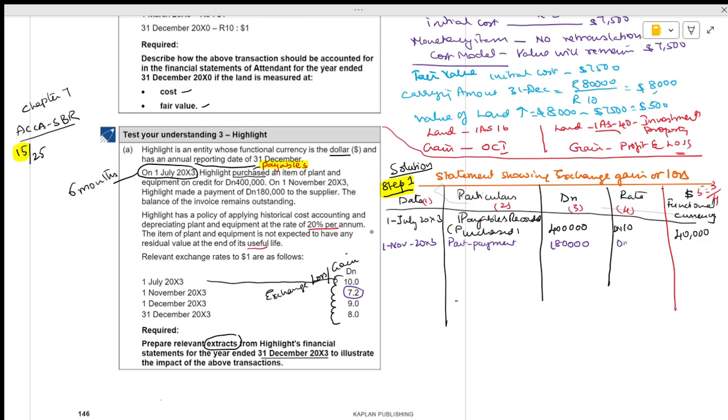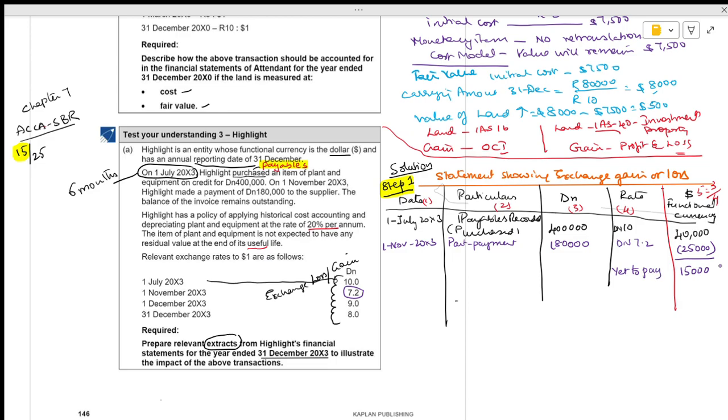Is it DN 7.2? 180 divided by 7.2 comes to how much? In terms of dollars, $25,000. How much is the balance? Balance is $15,000. Is it right? $15,000. Fine. This is yet to pay. Is it right? Yet to pay.